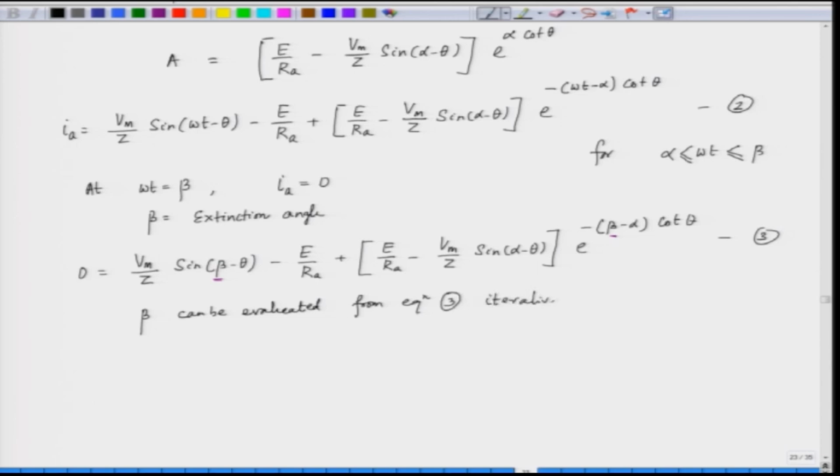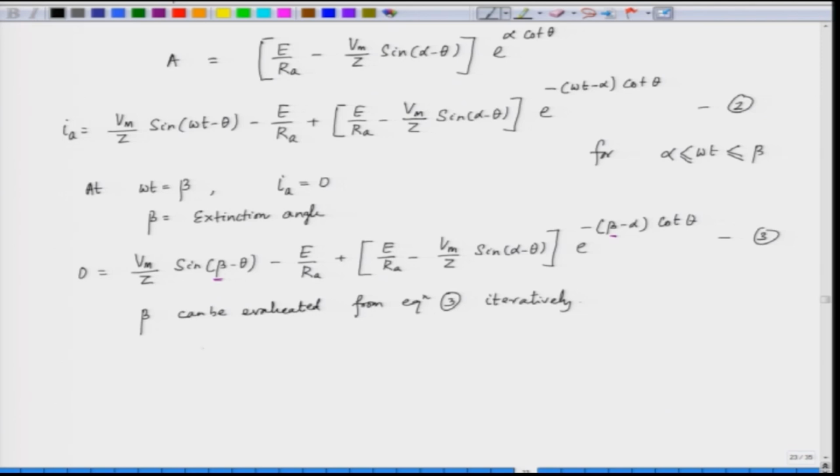We take some initial value of beta, and then take some value in the neighborhood of the initial value, and by iteration we can come to an approximate value of beta.